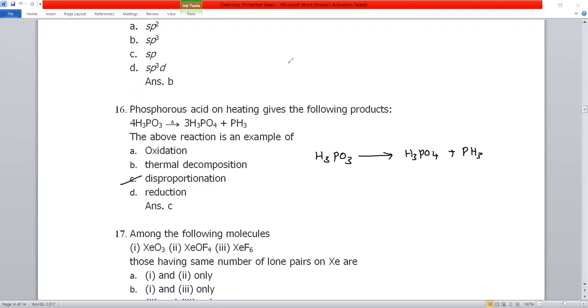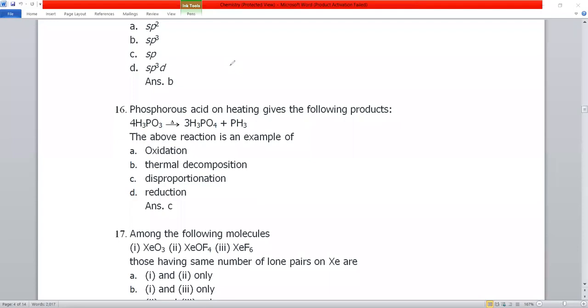Finding the oxidation state of H3PO3, we get +3. In orthophosphoric acid it is +5, so +3 to +5 is an increase in oxidation state, which is oxidation. Then +3 is converted into -3 in phosphine, which is reduction. If you observe, one element undergoes both oxidation and reduction, and that type of reaction we call a disproportionation reaction. Option C is the correct one, students. Next, question number 17.